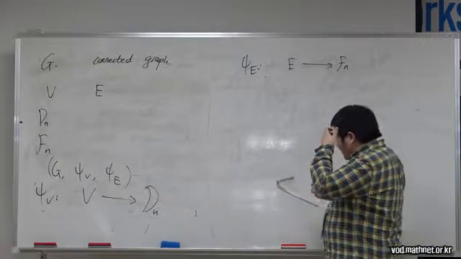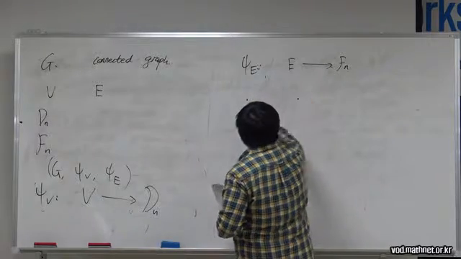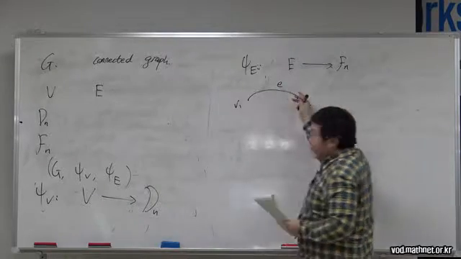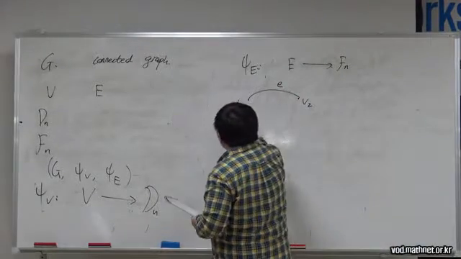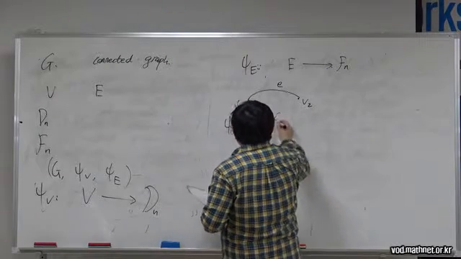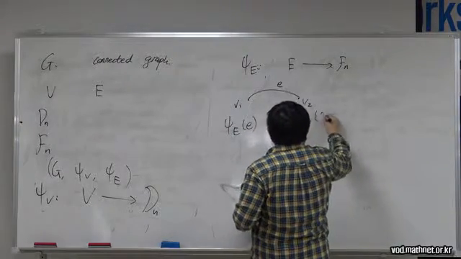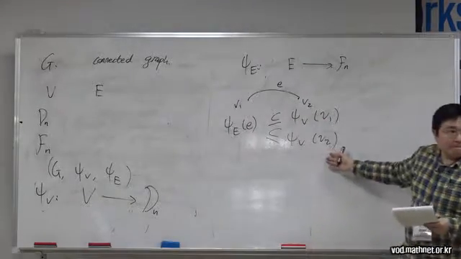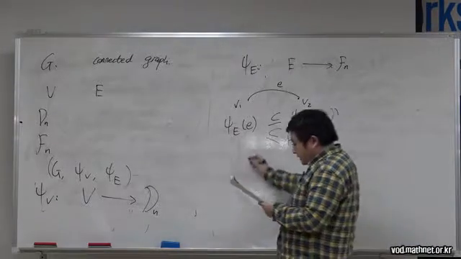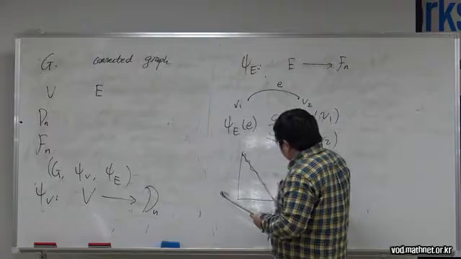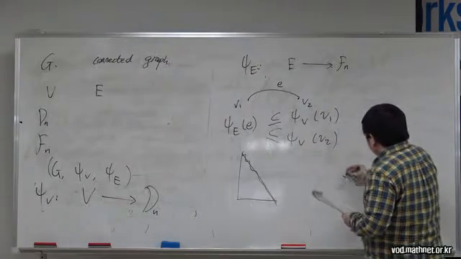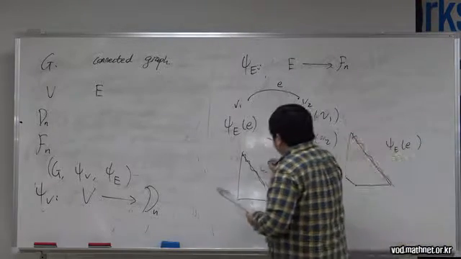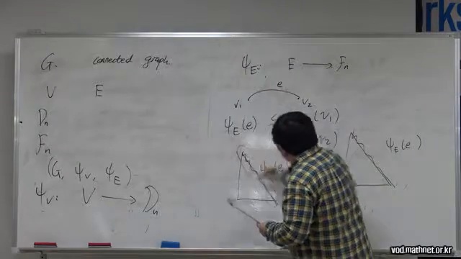But we require some conditions. If v1 and v2 are two vertices with an edge e, we require that this facet is a facet of both v1 and v2. They have a common facet. Moreover, we require that the neighborhood of this facet is the same.